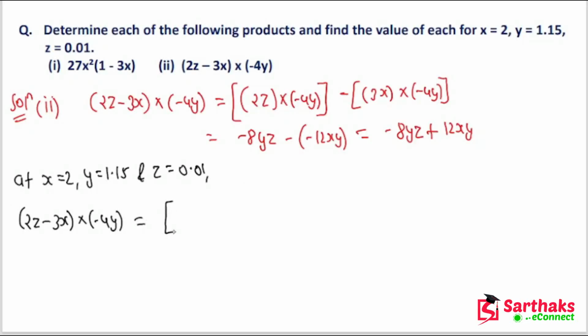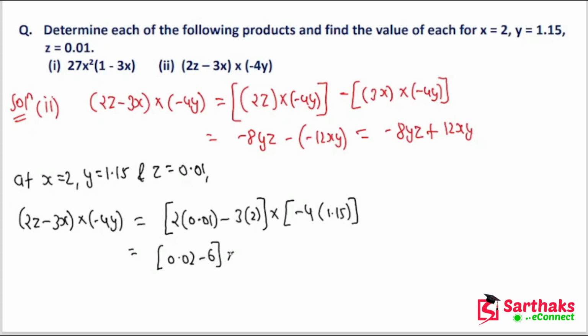So 2 into z, that is 0.01, minus 3 into x, 2, into minus 4 into y. What is y? 1.15. Okay, then it would be 0.02 minus 6, into 4 times 1.15, that is 4.6. So minus 4 into 1.15 would be 4.6.